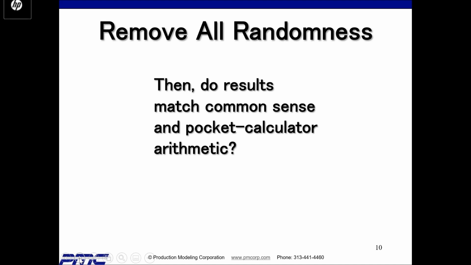If the modeler has made an error, such as a very common one, mixing up units, minutes instead of hours in a specification, that's going to find it. Then put the randomness back in.